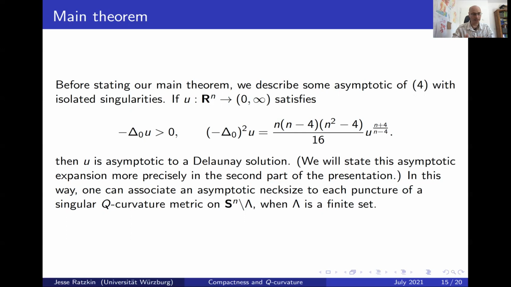And then at each of these puncture points, I can associate an asymptotic neck size, which is some number epsilon between 0 and 1.